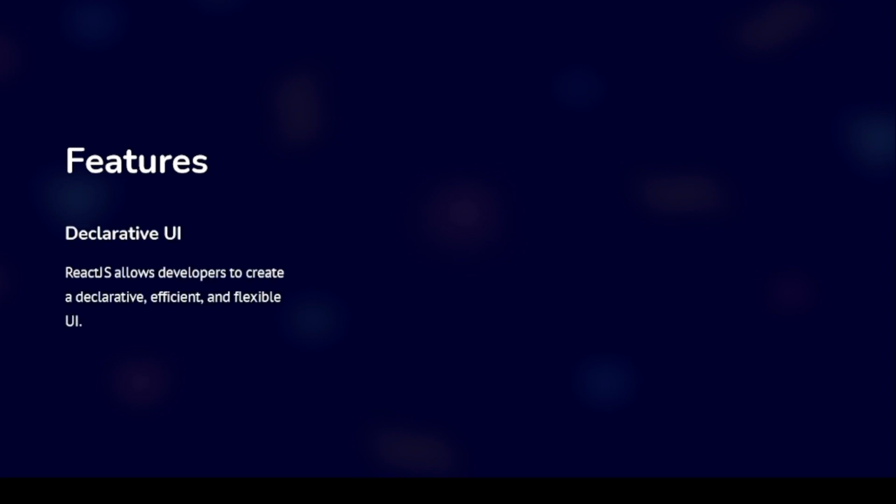The first important feature of React.js is that it has a declarative UI. Declarative UI is a programming paradigm where developers specify what the user interface should look like and what it should do, rather than providing step-by-step instructions on how to achieve that look or behavior. So we do not explicitly specify the steps to achieve a desired outcome.